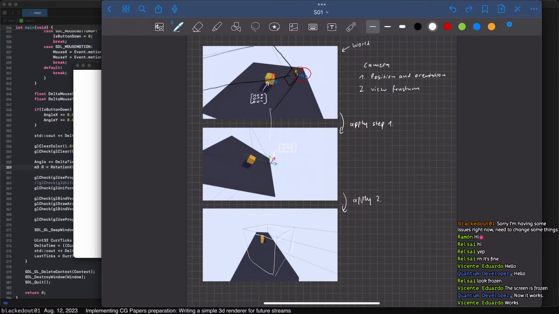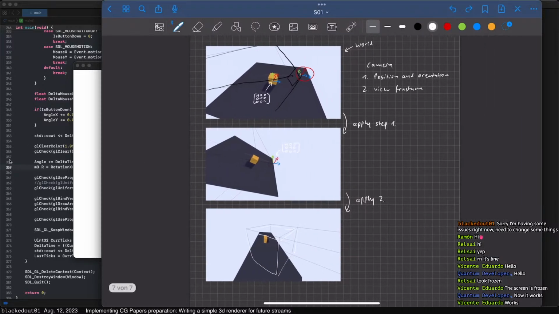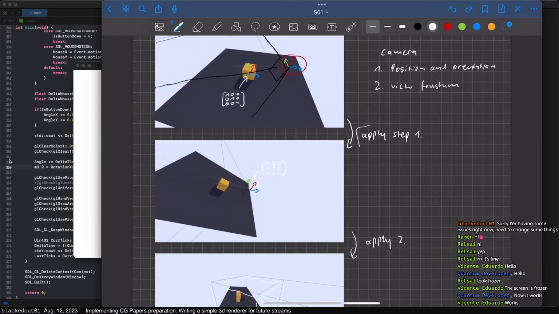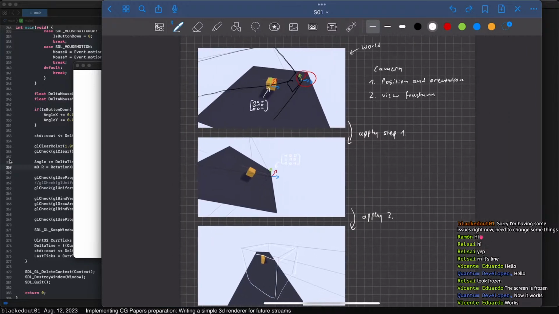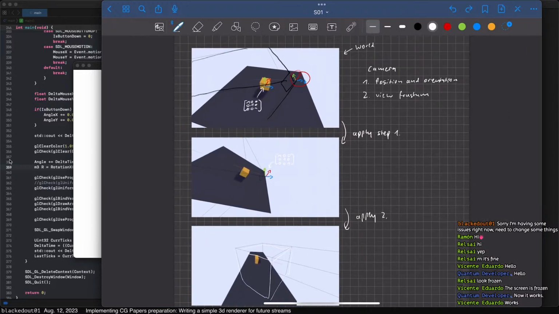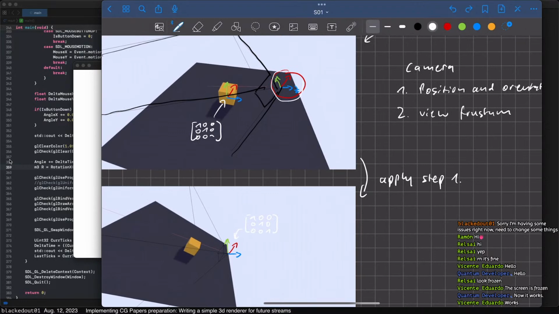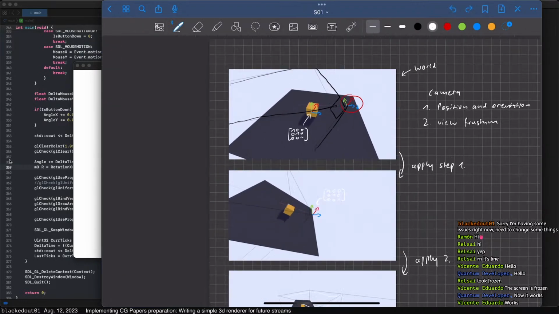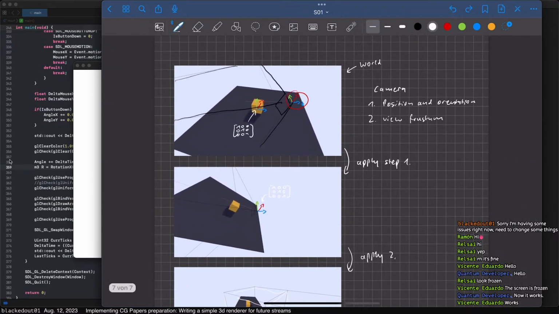You have to implement everything, and in the end you just have to pray that you did everything correctly. So we would start with this step here. But before I do that, I want to give some more intuition about the matrices involved, because I think this makes it a bit easier to think about this stuff.